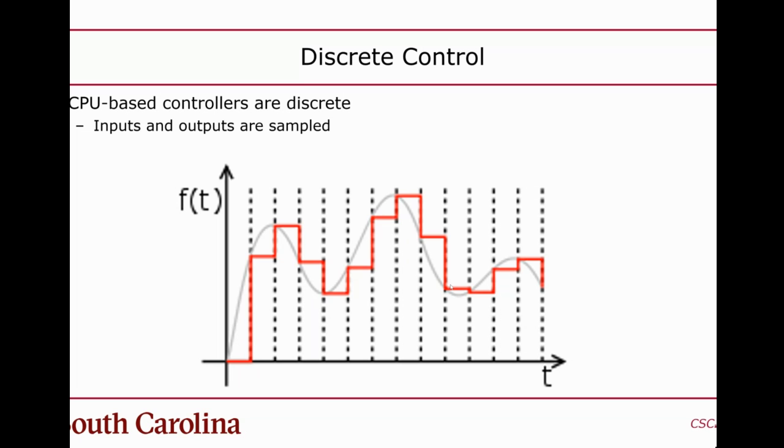So you might be thinking, well, what's the problem? Who cares? Why is this important? Well, this is actually really important, because if your sample rate is too low, you can have a controller that was making the system stable, but because your sample rate is too low, that can actually lead to an unstable system.